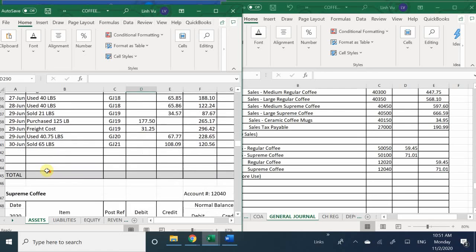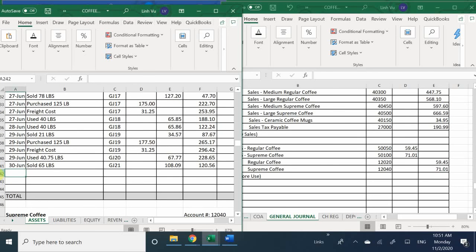So what am I going to place here? Regular coffee. Oh, the pounds. How many pounds of regular coffee did I sell? Or in this case, used. 59.45.